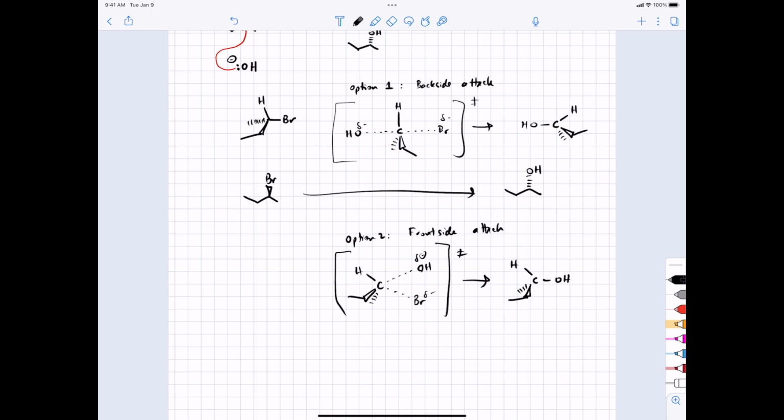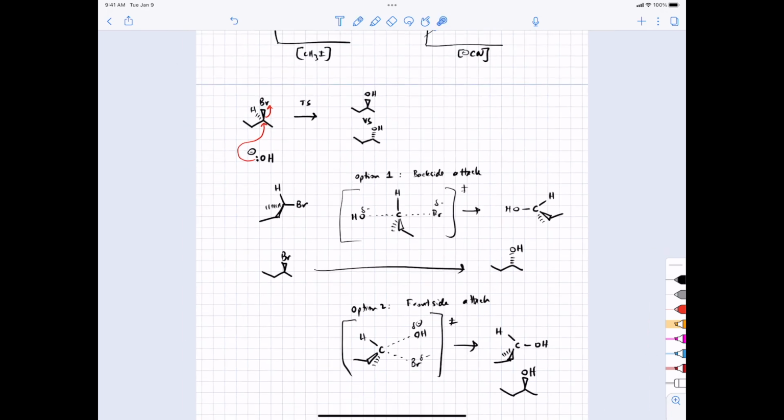Okay? And one way to draw this would just be to show this is the product. But notice, because the bonds are forming and breaking at the same time, there is no transition state we can draw where we lose stereochemistry, where we go through a non-chiral intermediate.